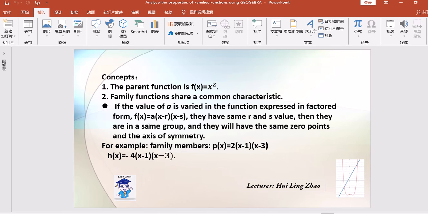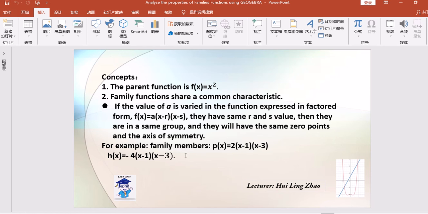Next, another form is the factored form. It's f(x) equals a times (x minus r) times (x minus s). If they have the same r and s values, then they are in the same group, and they will share the same zero points and axis of symmetry.